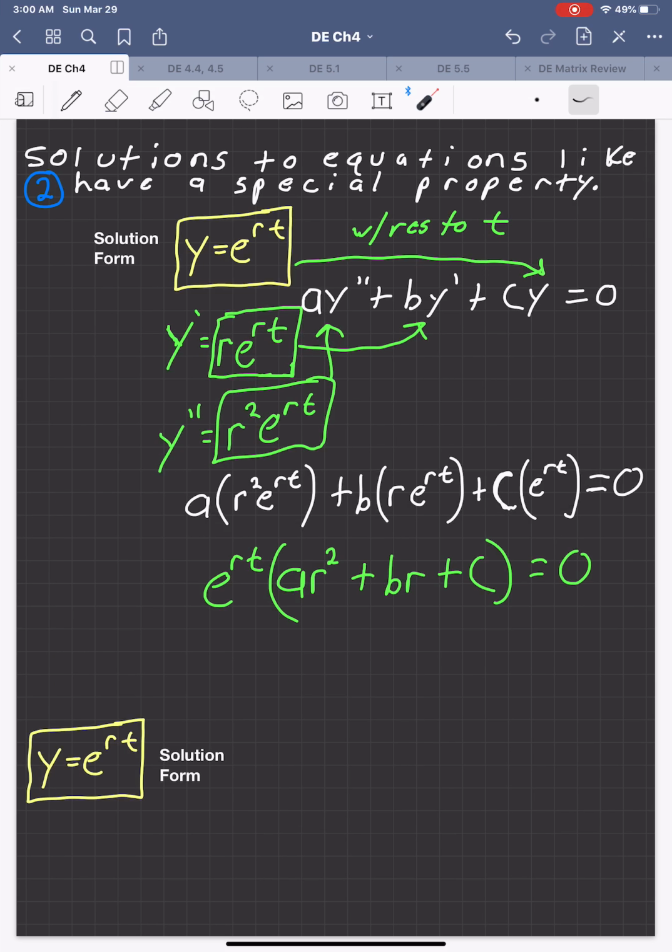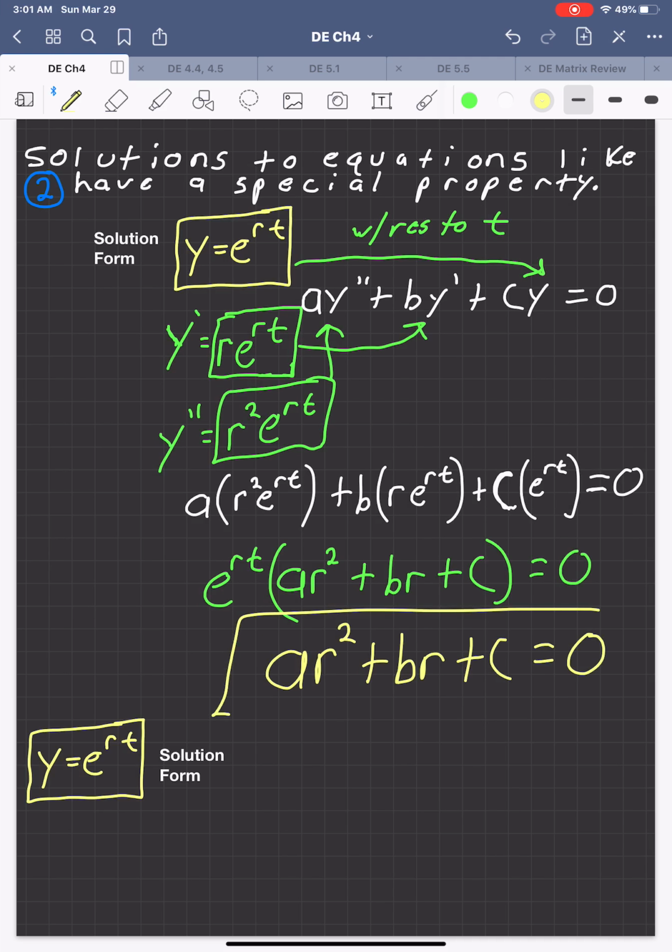So you can think of it as I'm dividing that out. I'm going to lose that e to the rt, and what we're left with is simply a quadratic equation: a r squared plus b times r plus c is equal to 0.